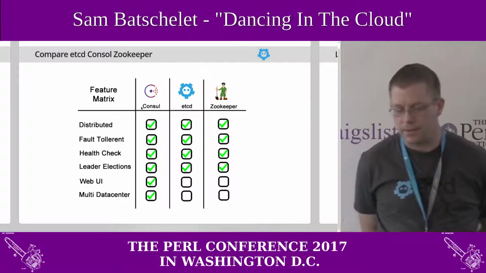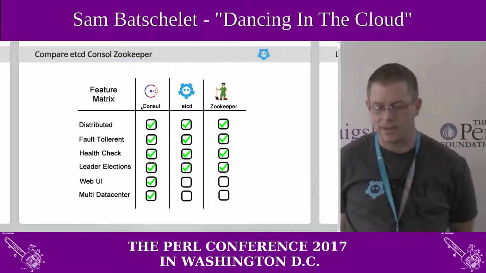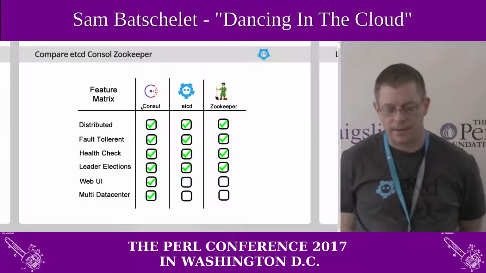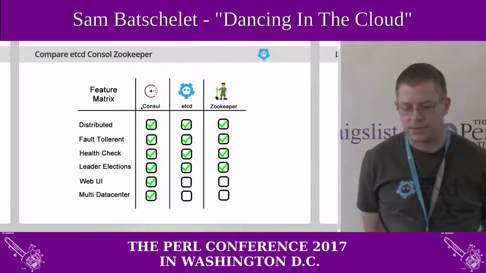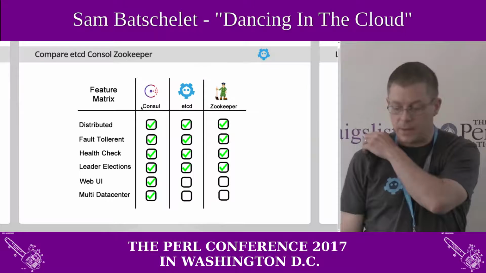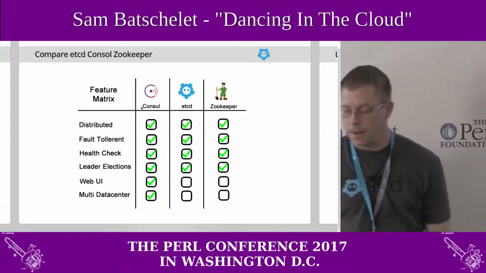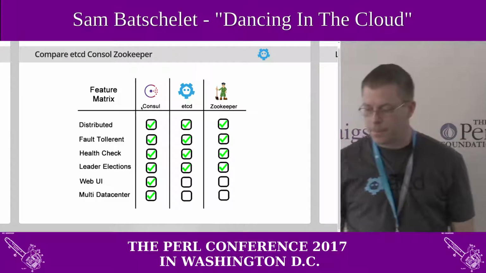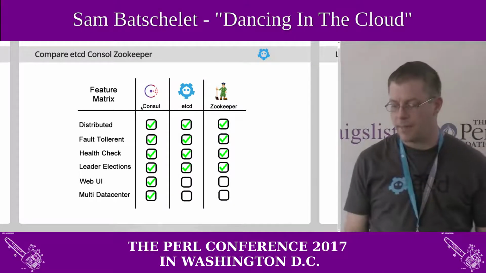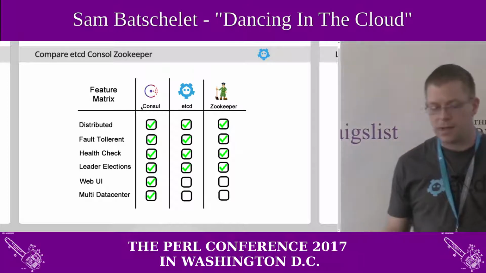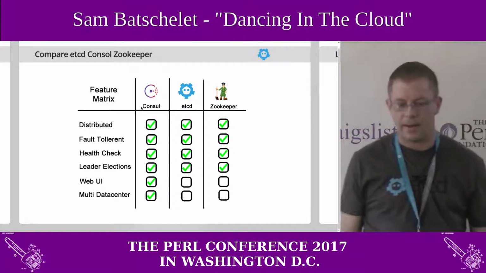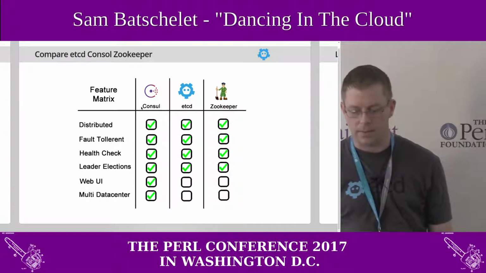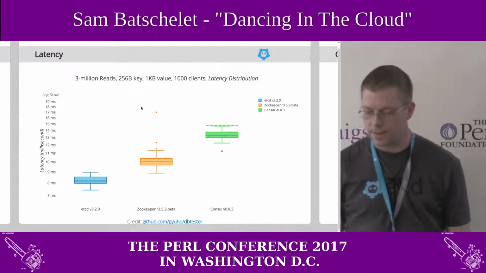Consul is a little bit more robust in the sense that it actually has its own web UI, and it has out-of-the-box support for multi-data center, which is something the others do not. But that's kind of where the commonality comes in. Now I'm going to show how Etcd, on a performance level, is superior to some of these technologies.